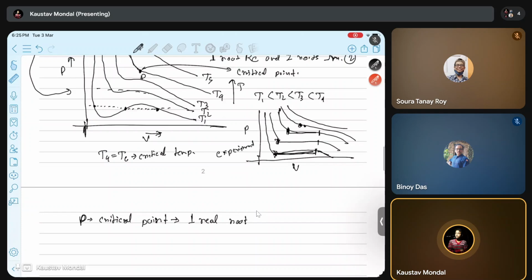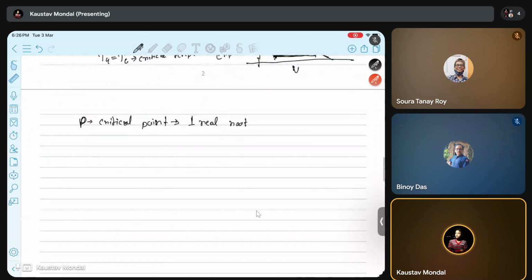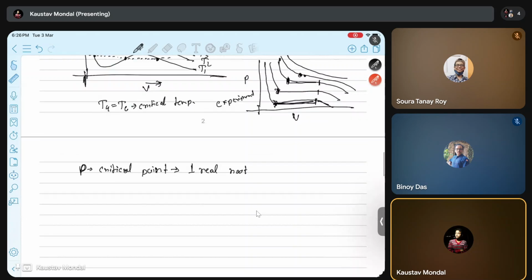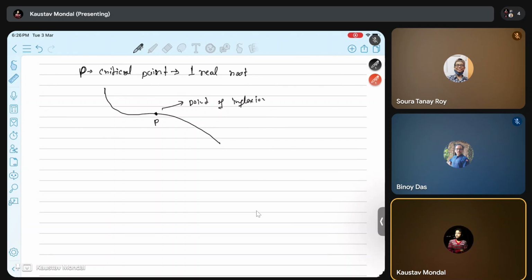So how do we get this critical point? There is a way actually. If you study this curve carefully, it looks like this. This is called the point of inflection, the critical point. What does that mean?